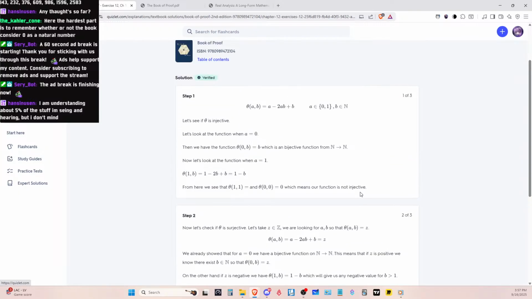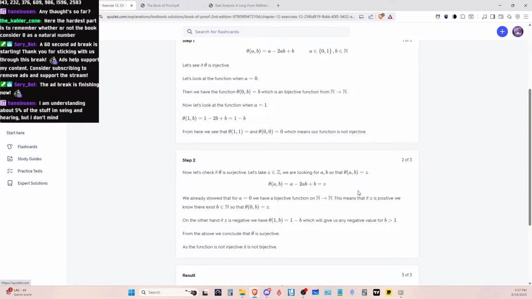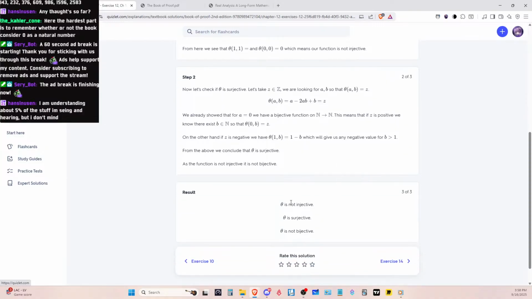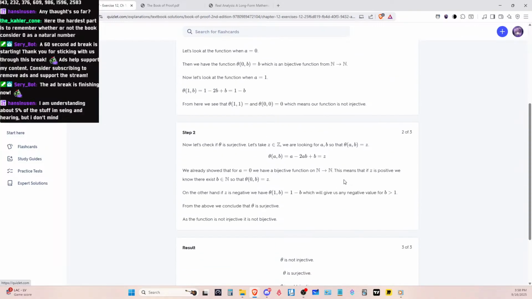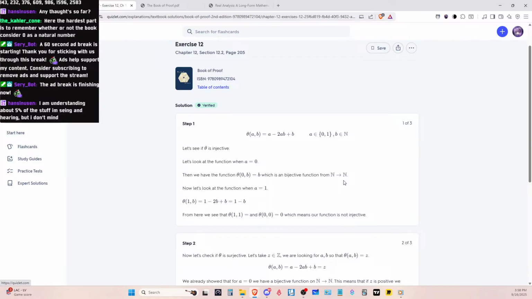Yeah, there must be something that I'm not comprehending here. Guess we're gonna have a lot more work to do, studying these things. Okay, so it's not injective, but it's surjective. Huh.